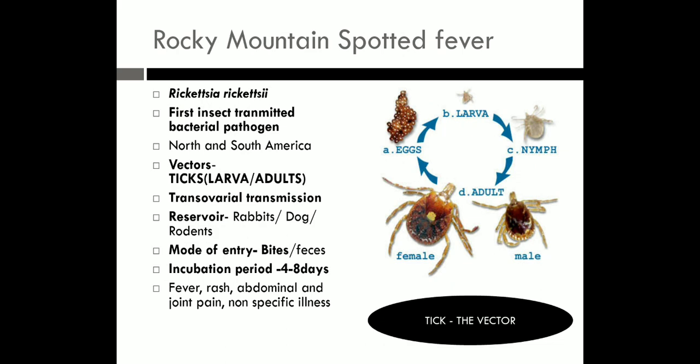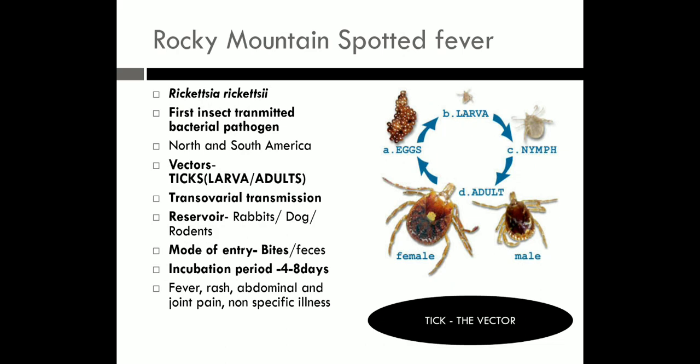Please understand that the bite is generally painless and it goes unnoticed. Once the tick has attached and it has fed for up to 6 to 10 hours, the rickettsia will be injected from the salivary glands. Sometimes an even longer period may be required for reactivation of the rickettsial virulence in unfed ticks.